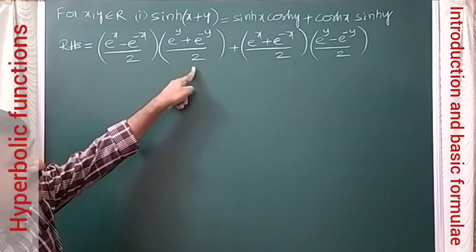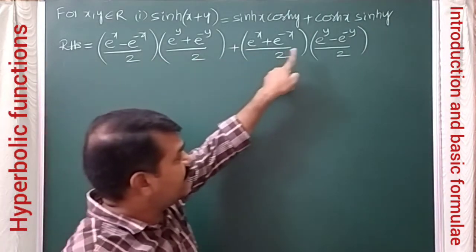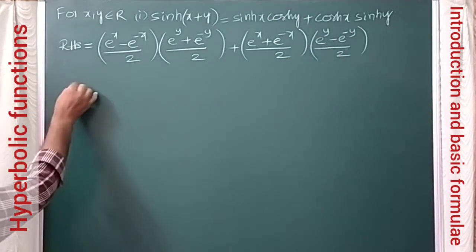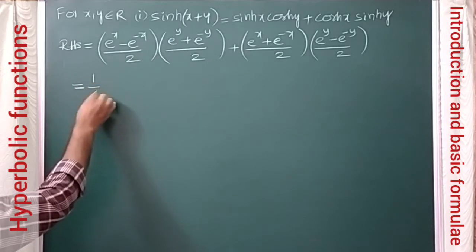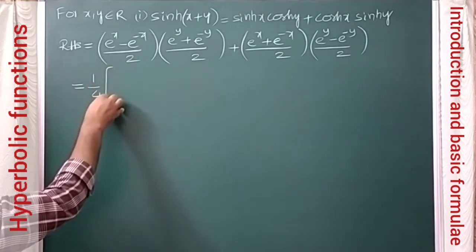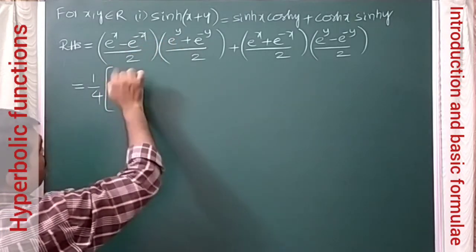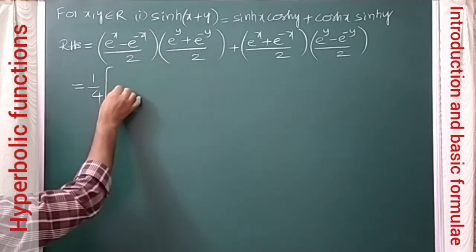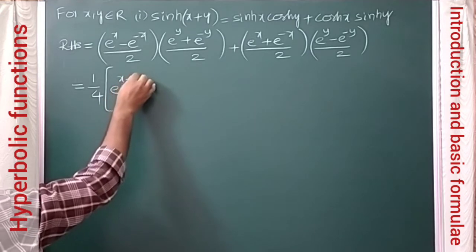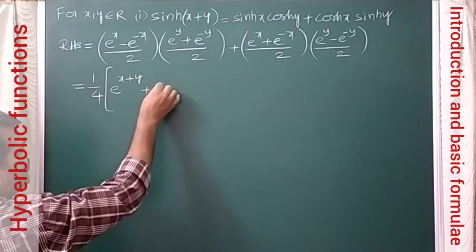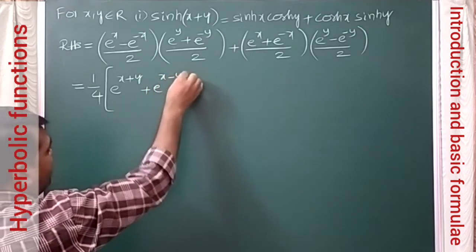Denominator, first term 4, second term is also 4, the denominator is same. So 1 by 4 I am keeping aside. Now multiply the numerator part. e power x into e power y, so e power x plus y. e power x into e power minus y, so e power x minus y.